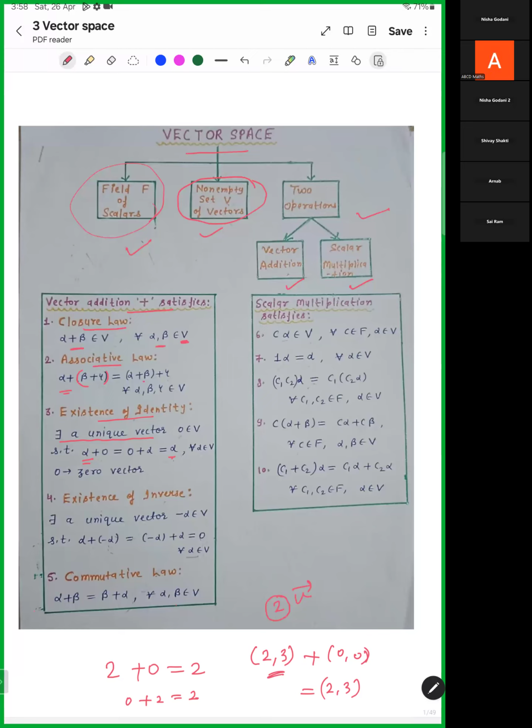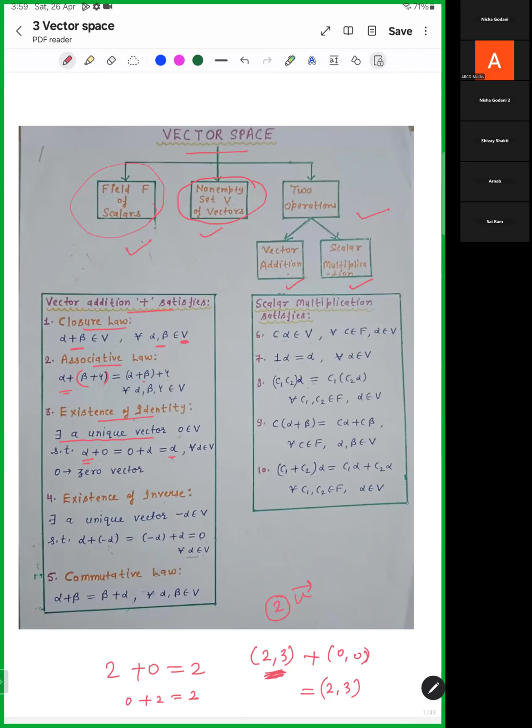But i j unit vectors are used in physics and some other fields. But when we do mathematical study, we always write ordered pairs like this in R square. In R cube, you have tuples, you have three numbers. So in mathematics, we write like this.